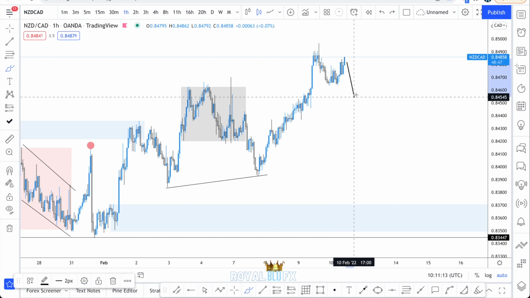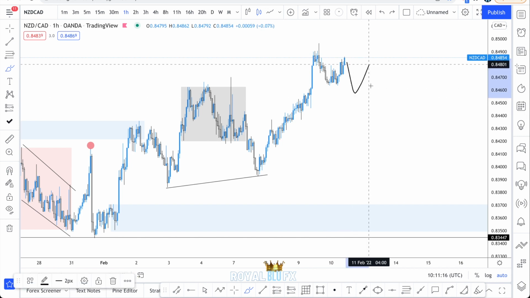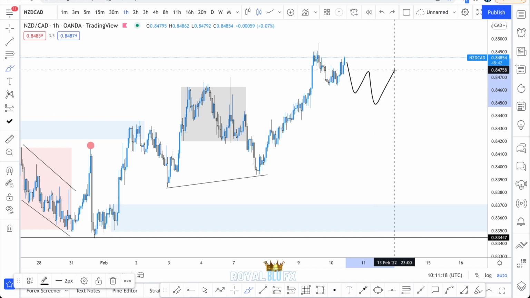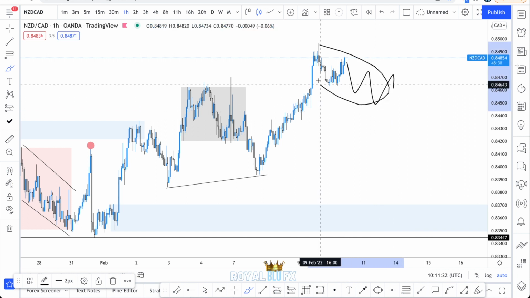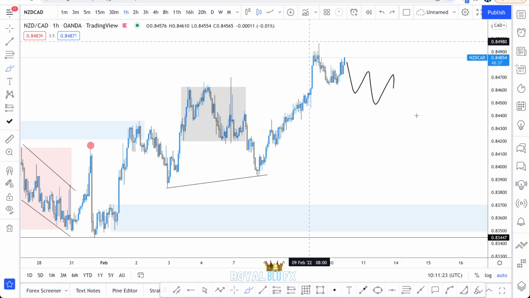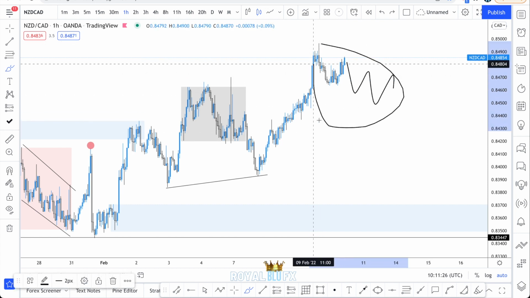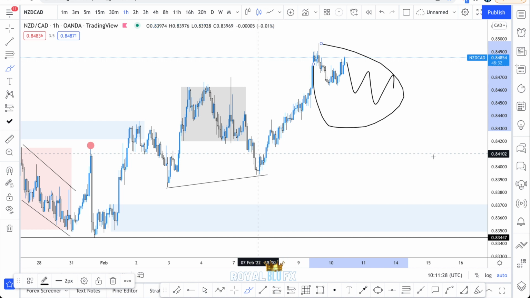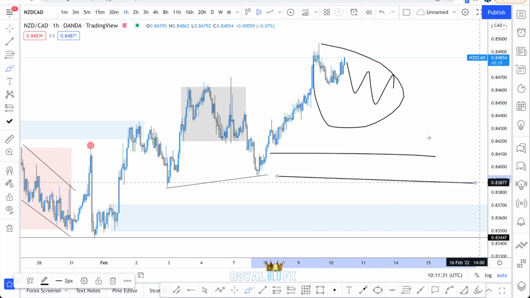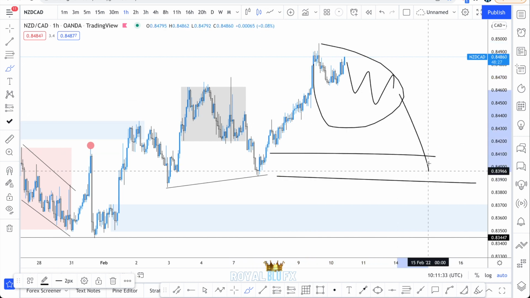So price could start doing something like this, and it could happen at the very high here. Sorry, I know it's not smooth enough here. It can happen at the high here, or the range can happen at the very low. Here, price does this, starts to range like this.